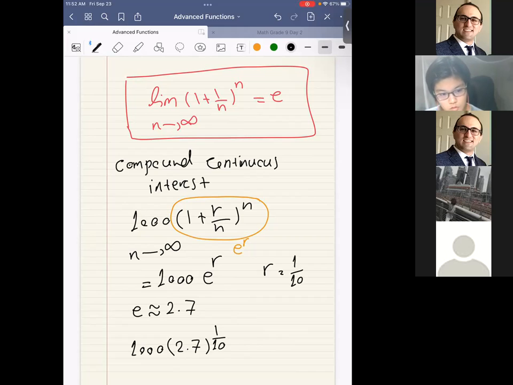Can you compute this number? I think it's 1104.04 point 425. Okay.